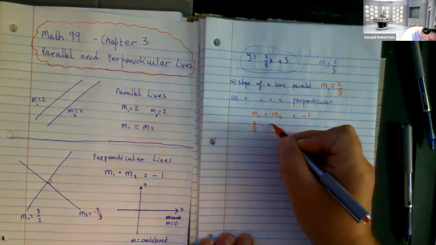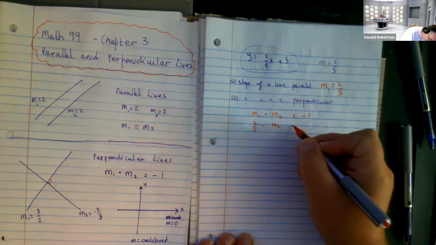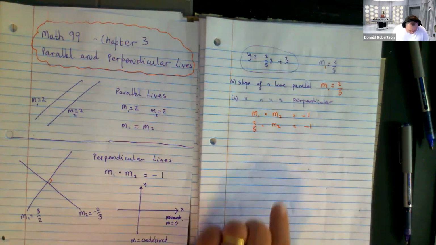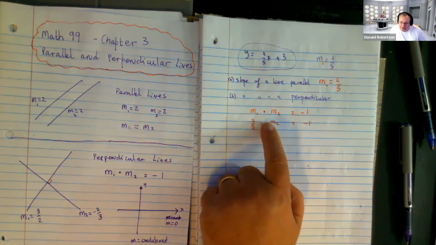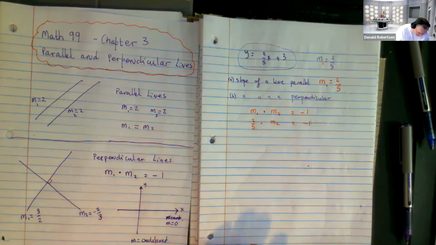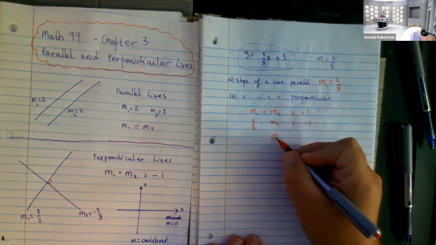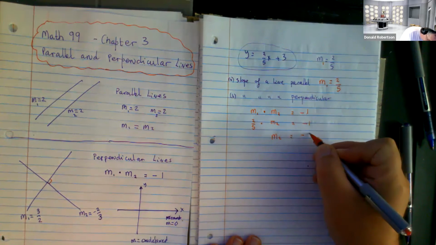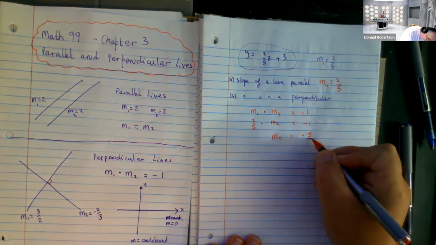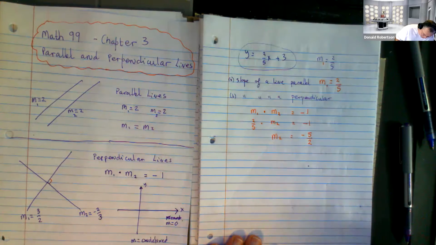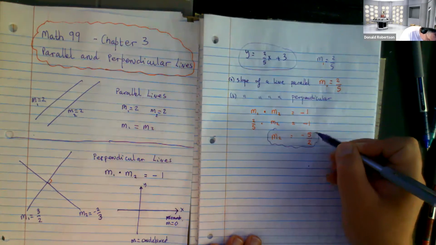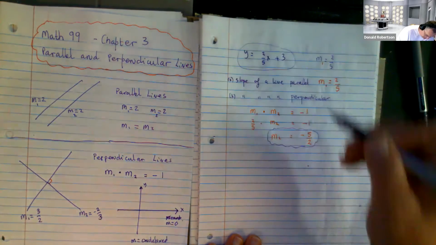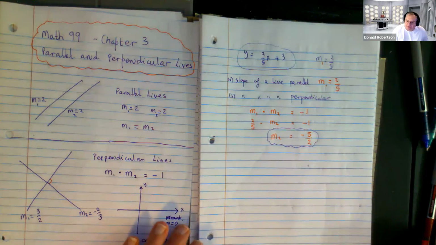So I'm trying to find what the slope of this second line would have to be, so that when you multiply these, you get -1. Now I can tell you what the answer is going to be. It's going to be that, and so that would be our answer. The slope of a line that's perpendicular to this one here is -5/2.